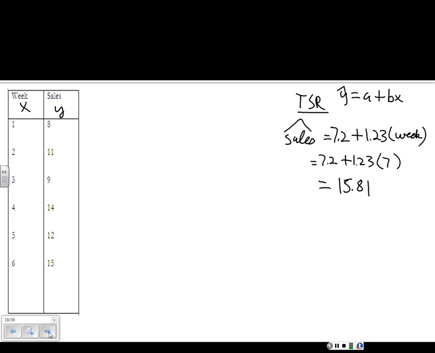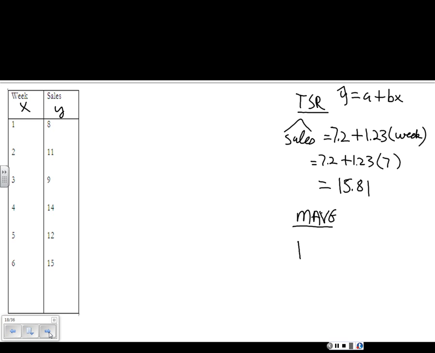So we also want to forecast using that moving average, which you'll sometimes just see abbreviated like that. But anyway, we're doing this for a 3-week moving average. So to get this forecast for the 7th week, just take the average of the last 3 weeks.